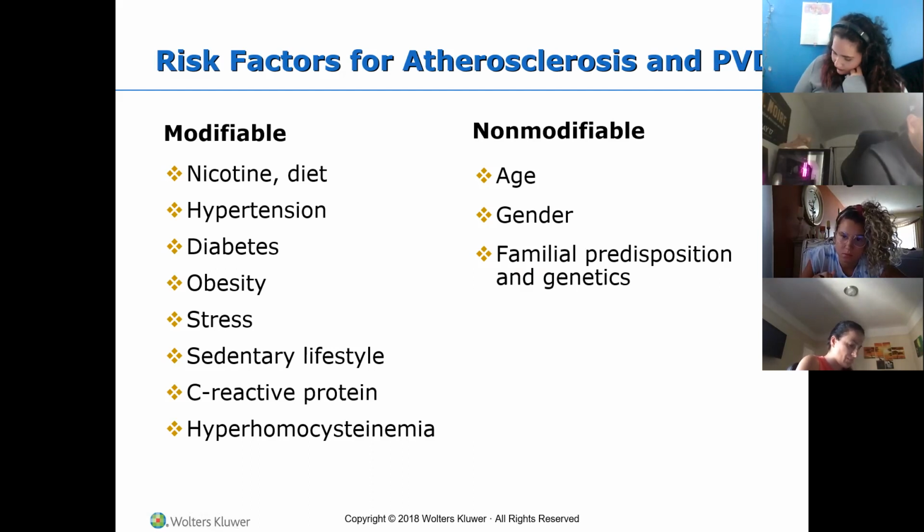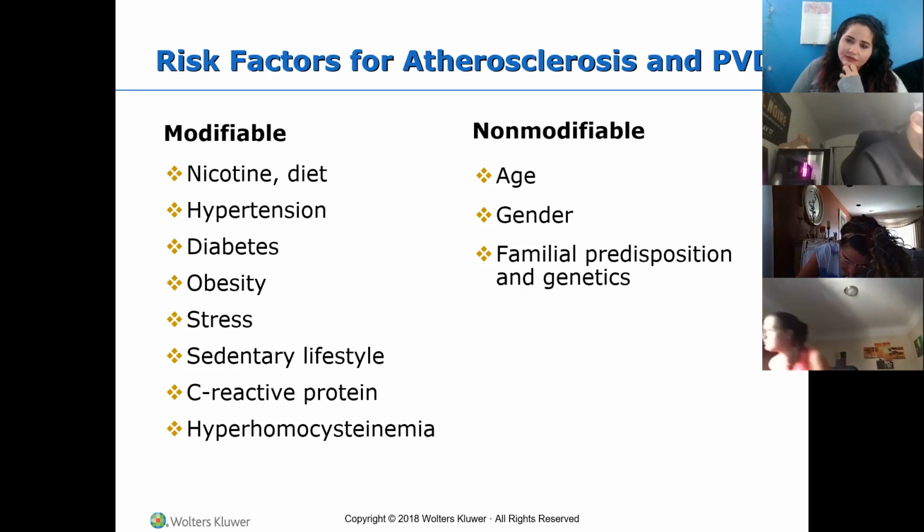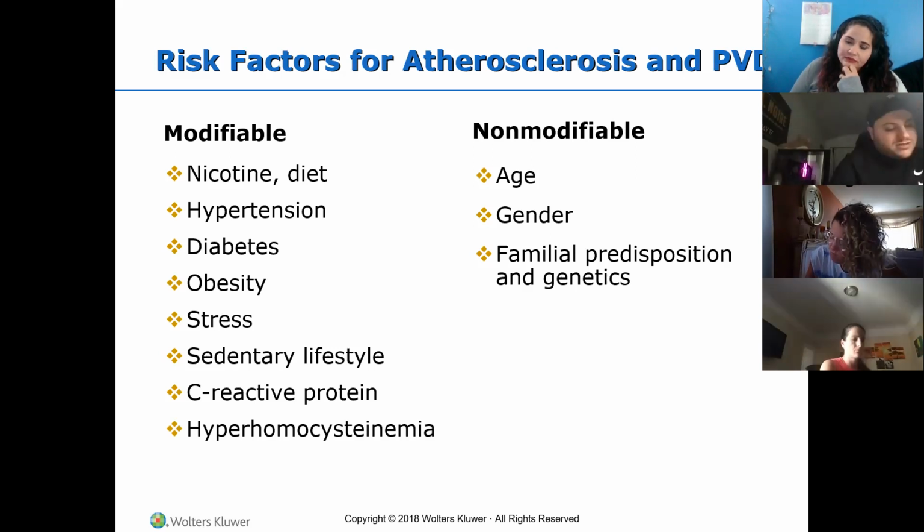I was wondering why it didn't go over prevention. It might in the next slide. I don't remember. No, it doesn't. Next slide is a question. I mean, this is kind of prevention too. Hypertension is obviously something that would cause this. You always deal with the underlying cause, so it's not even something you have to think about. You have the modifiables, and that's the way to do prevention.